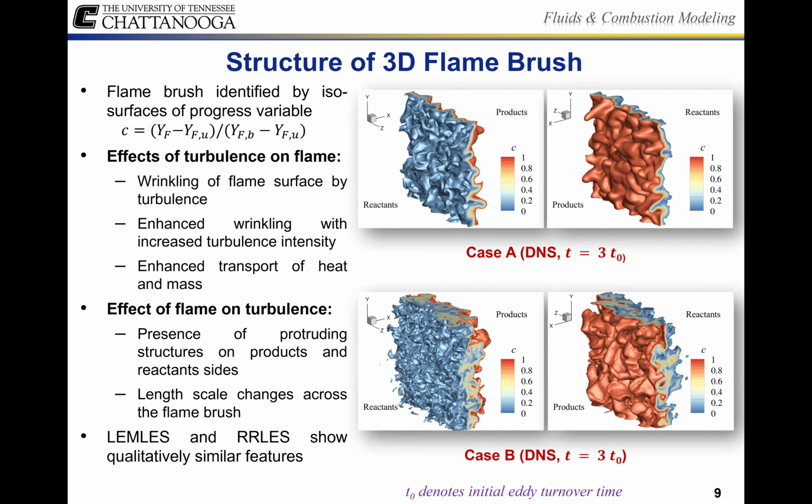The flame structure and its characteristics were assessed using this progress variable C, which is essentially just a ratio of the stoichiometric fuel level, and then we also have fuel in the unburned and burned regions, which are indicated by the U and B. Obviously, the highest value you can get for that will be 1, the lowest value is 0. So, as we can see, we have 1 and 0, and then everything in between.